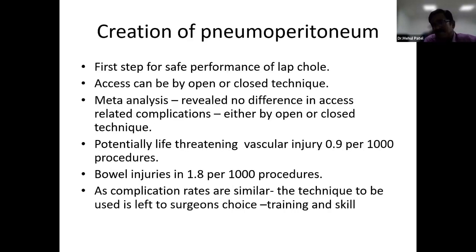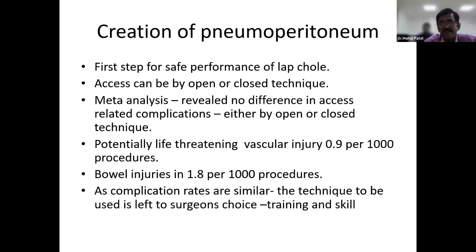So how do you create pneumoperitoneum? The first step for a safe lap chole is creation of a safe pneumoperitoneum. This can be done by either an open or a closed technique. There are a lot of techniques for creating the pneumoperitoneum, and a lot of studies in literature with the advantages and disadvantages of different techniques.